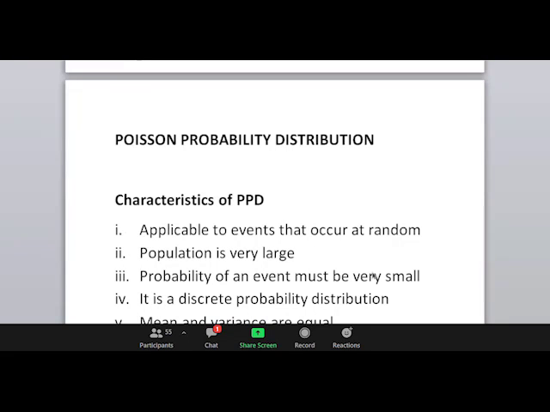The first thing we need to know is that this type of probability is used for events that occur at random. Random events.